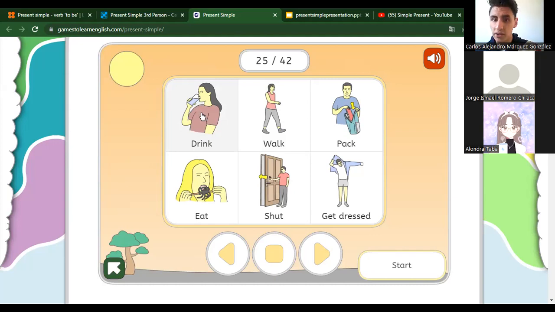According to this picture, do you have any idea about the meaning of this verb in Spanish? Tomar. Yes, drink, tomar, that's right. What about this one? Walk. Caminar, that's right, thank you very much.